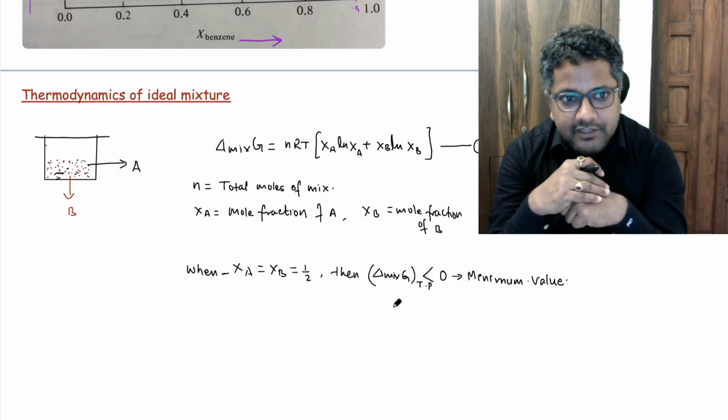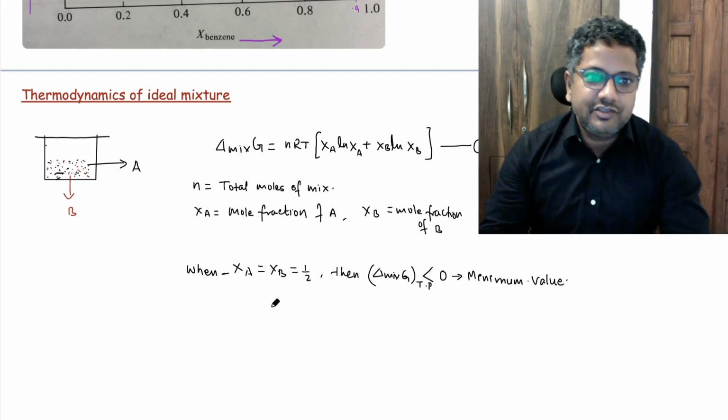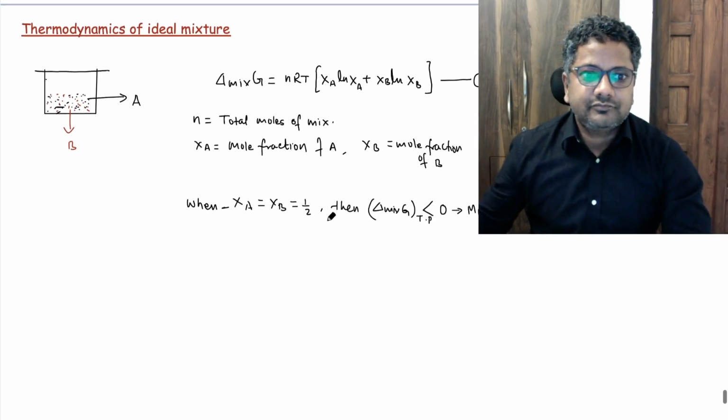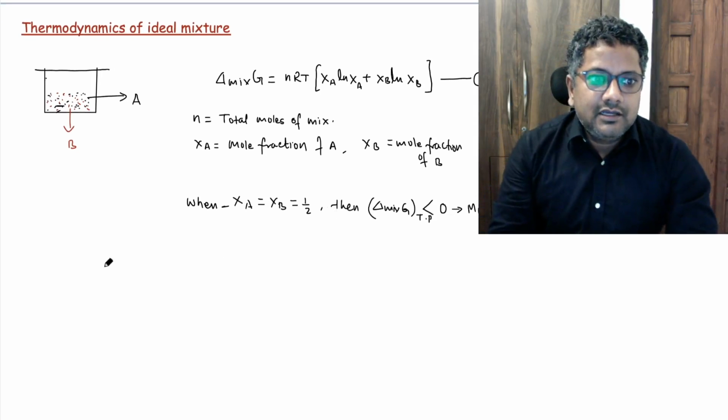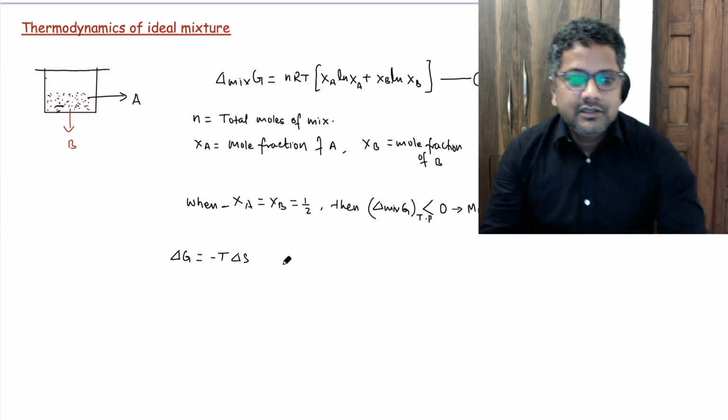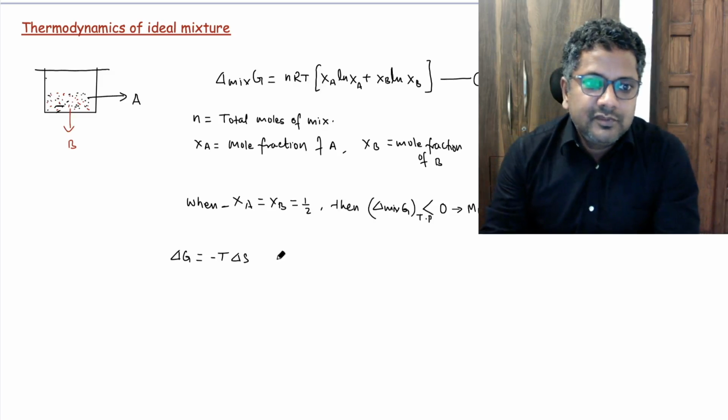Clear to everybody? Yes. In terms of delta G. Now all of you know that delta G is equal to minus T delta S. This relation all of you know. This is equation 2.